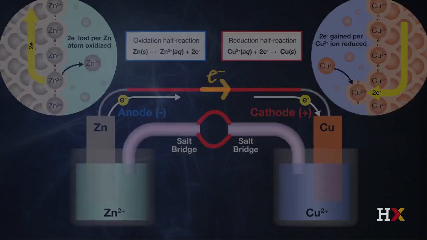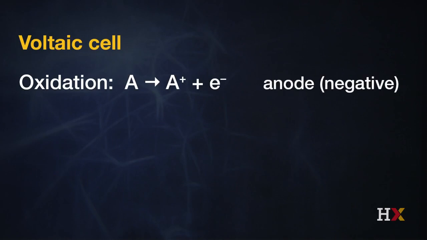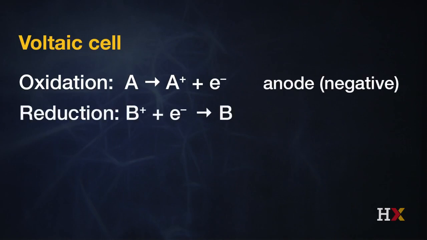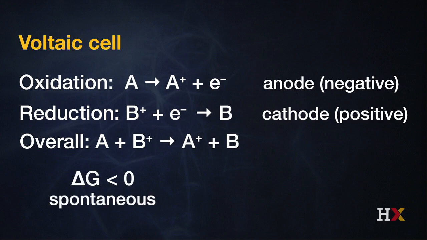So we also know that oxidation occurs at the anode for a voltaic cell, reduction occurs at the cathode, and the overall reaction involves a process that is spontaneous when it's allowed to operate independently.